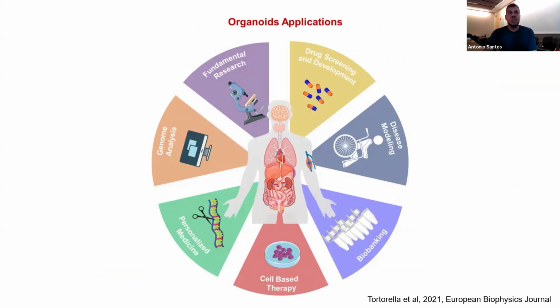Organoids can be used for many different applications that can help us understand human physiology much better and then treat disease. We can do fundamental research to find fundamental things about humans and how human cells work. But we can also use organoids to model diseases, like what I'm going to show.